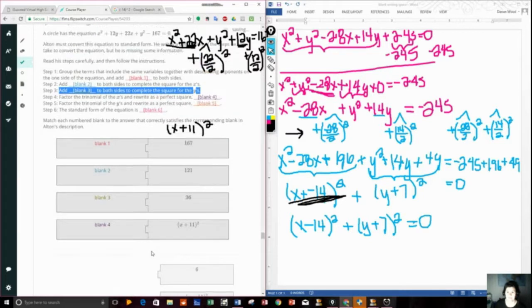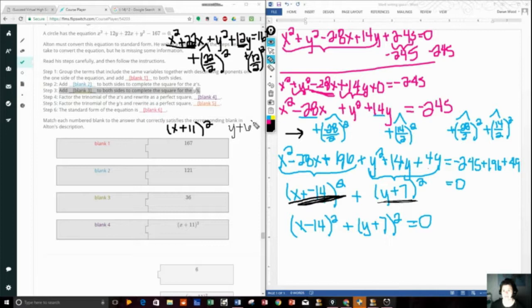And then blank 5, factor the trinomial of the y's and rewrite as a perfect square. Okay, that's this step. Factor the trinomial. Trinomial, 1, 2, 3, try. That's what it's referring to. And that would be our y plus, what is 12 divided by 2?